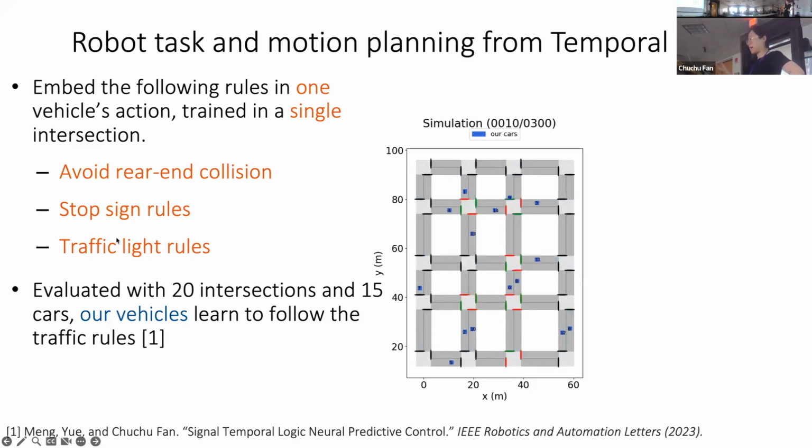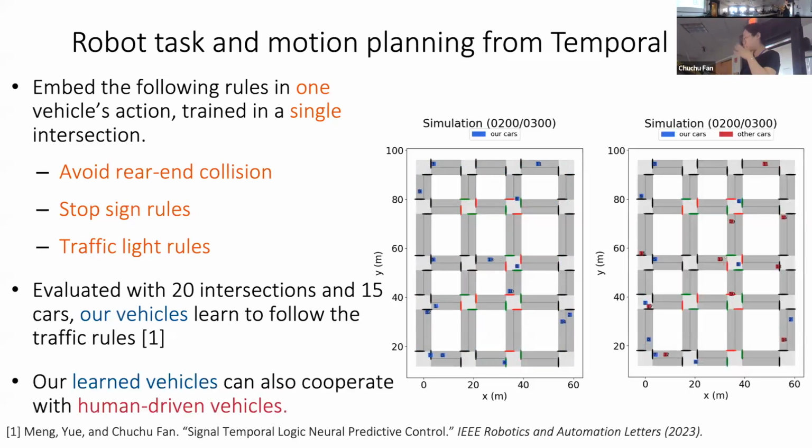So these rules are embedded into each of these agents. If we put a larger number of agents at many intersections, you can see all these agents cooperate very nicely because they all satisfy these rules, and together they maintain safety. Each of them will make sure they satisfy the rules, even if there are other agents, like the red agents, that do not have the rules embedded.